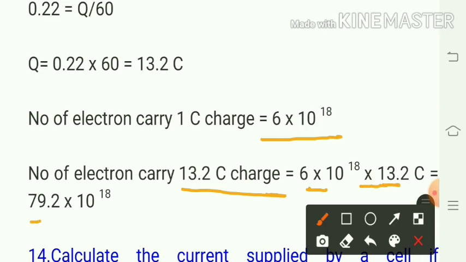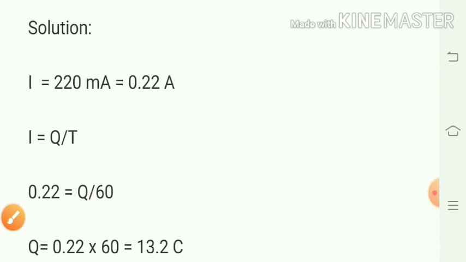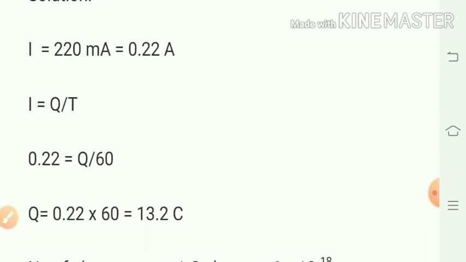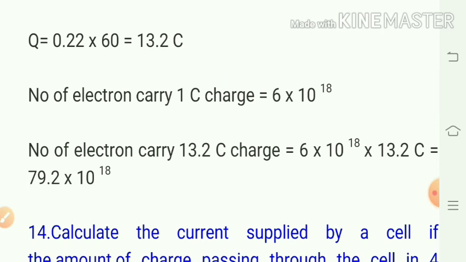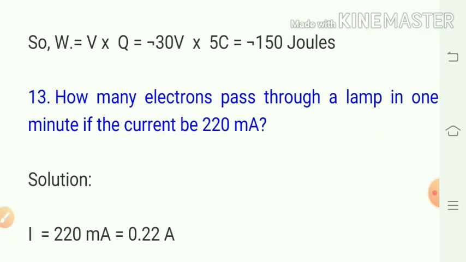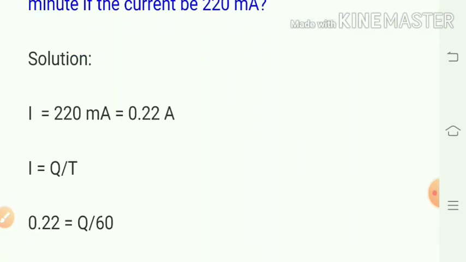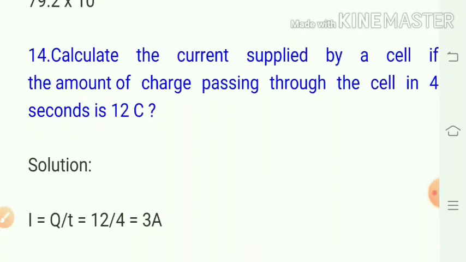It becomes equal to 79.2 into 10 raised to 18. Hence, the answer: 79.2 into 10 raised to 18 electrons can pass through a lamp in 1 minute if the current is 220 milliampere.